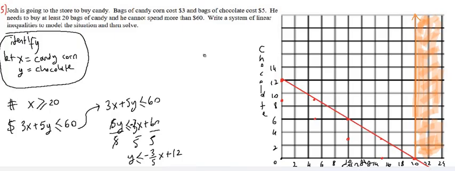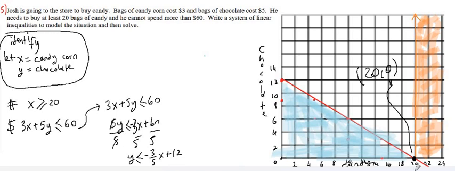And here we're going to shade below this line. Okay, so where is the solution set? Do we have any double shaded region? There is no double shaded region. However, we have one single intersection here. That is the only solution, which is 20 comma 0, because there is one single intersection.